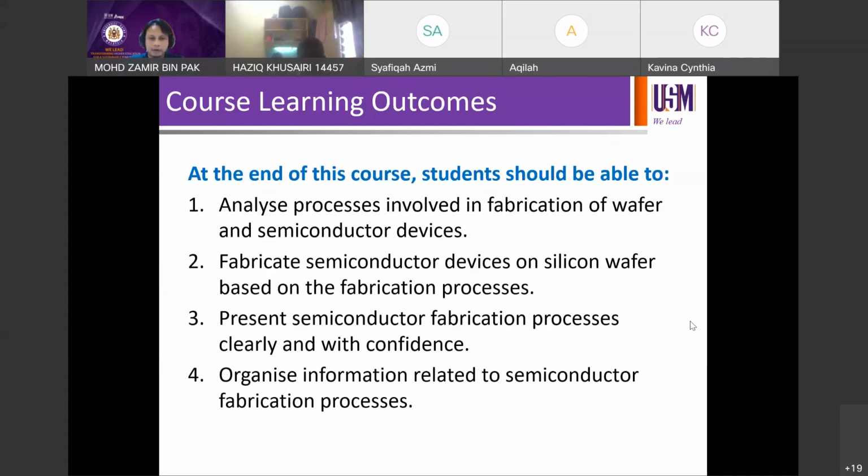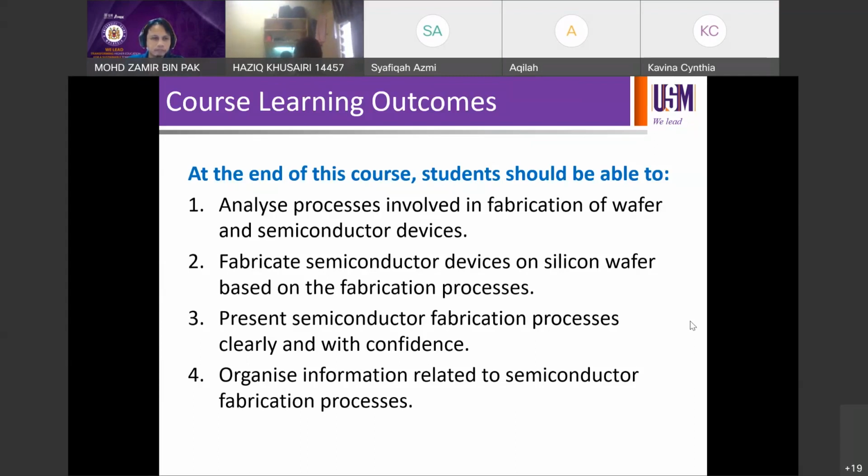Okay, so remember that we're going to learn mainly about IC fabrication or transistor fabrication in this course, but we're going to cover the fabrication processes for some other devices during the presentation, where some groups are going to do fabrication of solar cells, for example, or LEDs, for example. So you presented about the device operation in the last semester. So now you're going to need to present about the fabrication processes of those devices, okay, in the form of group as well.